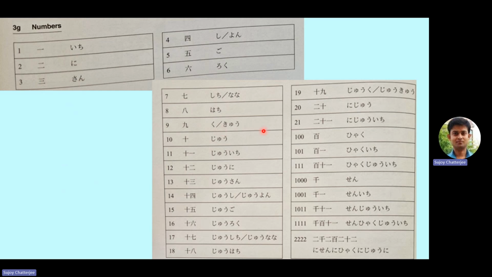Again the usage depends on what follows the numeral 9. For example, in normal cases we say kyu, but one exception is when we say 9 o'clock, the time, so the ninth hour.